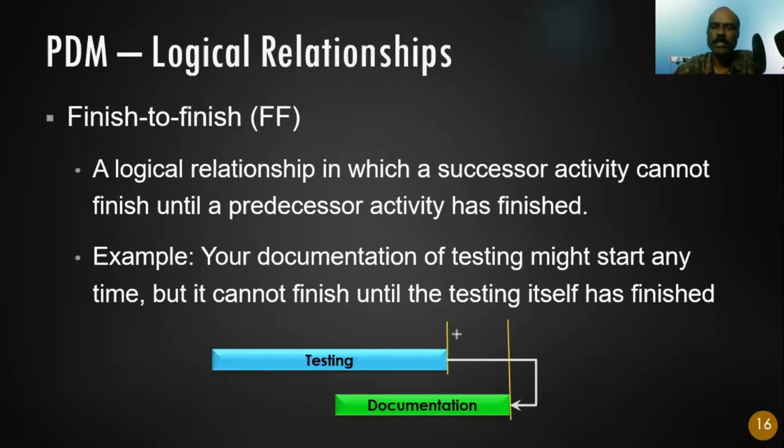So that is what is shown here in this kind of relationship. The finish of one activity triggers the finish of another activity. My as-built drawings cannot complete until all the construction is completed. If the construction is going to be delayed, as-built drawings are also going to be delayed. Whenever you complete construction, from that day, I will take another 1.5 months. That is what I am saying.